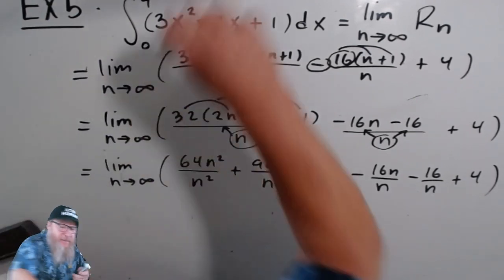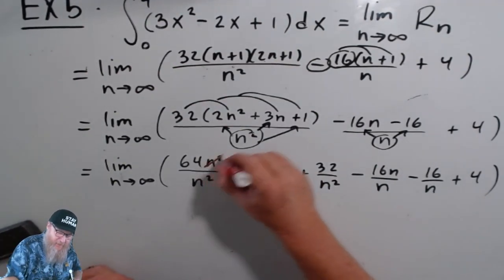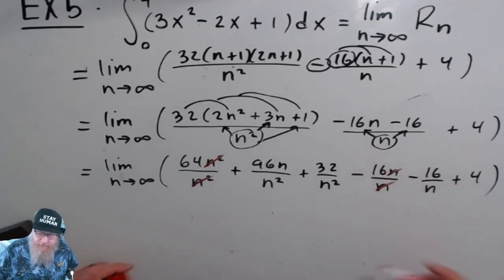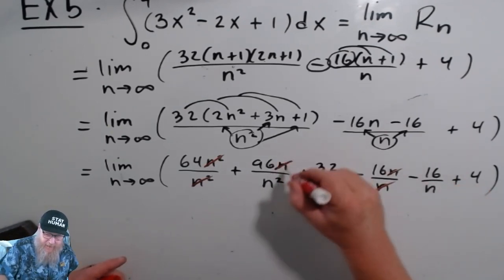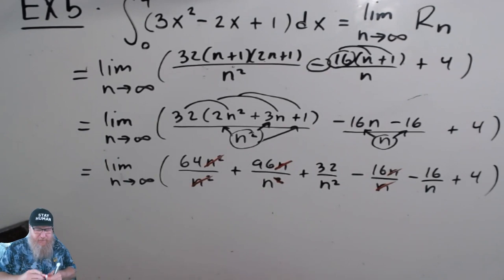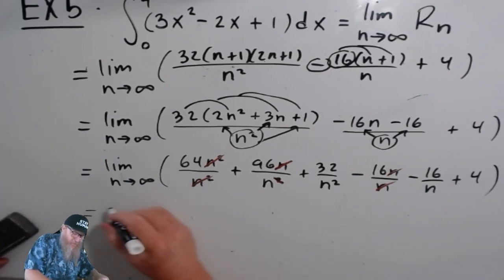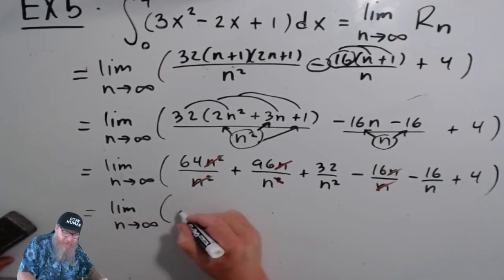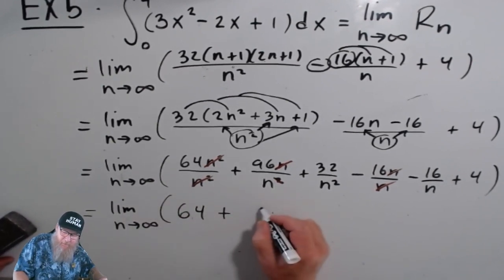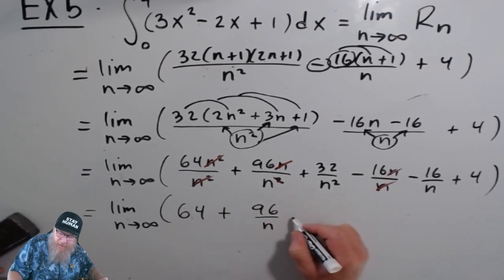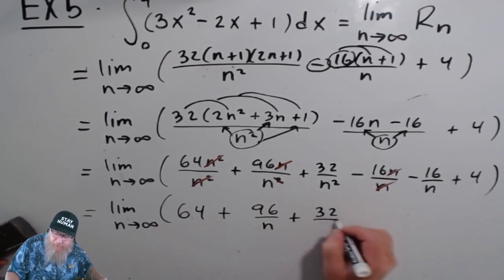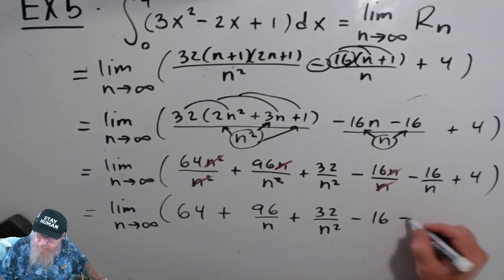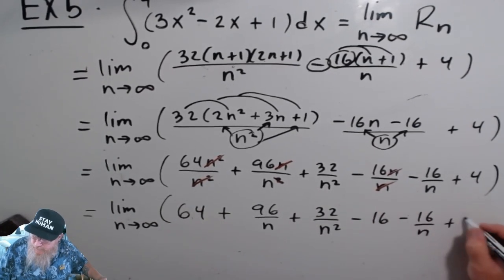Now let's do some canceling. N squared, n, n. Anybody else? How about here? N and n squared. So we've got the limit as n approaches infinity of 64 plus 96 over n plus 32 over n squared minus 16 minus 16 over n plus 4.